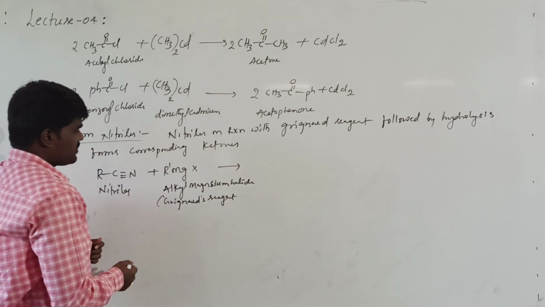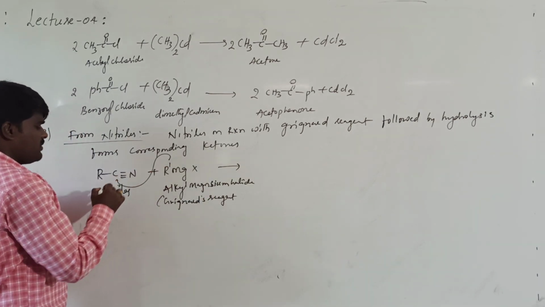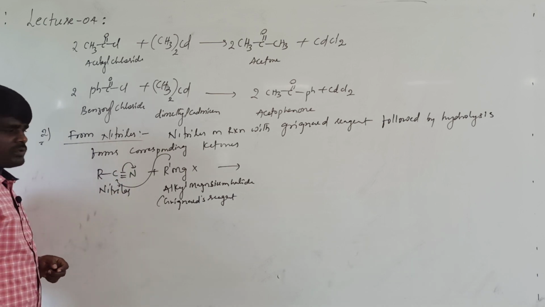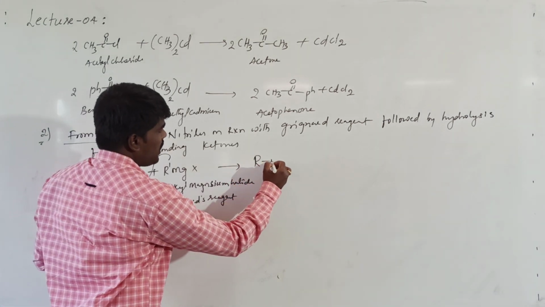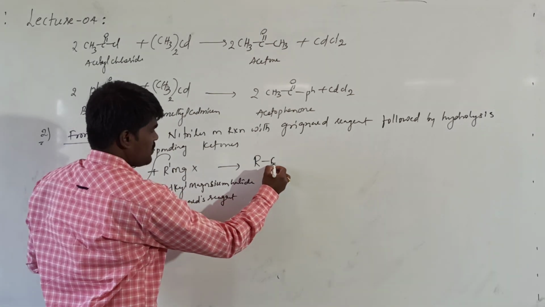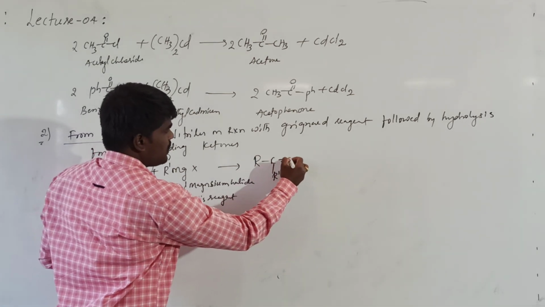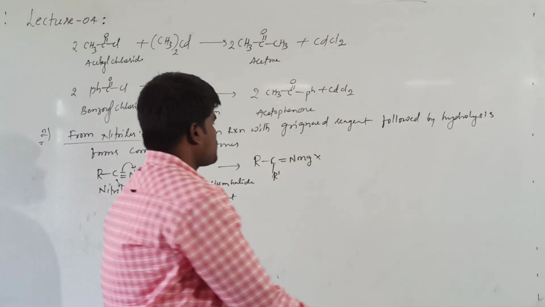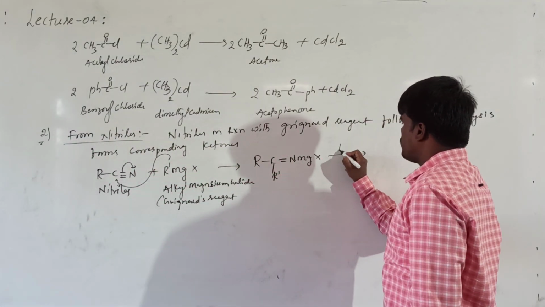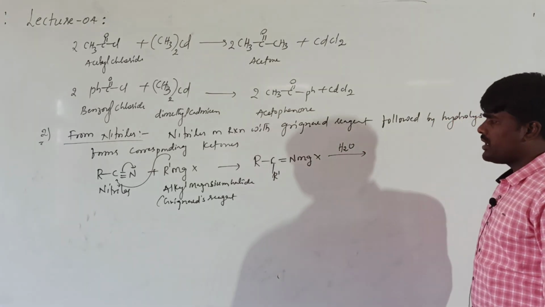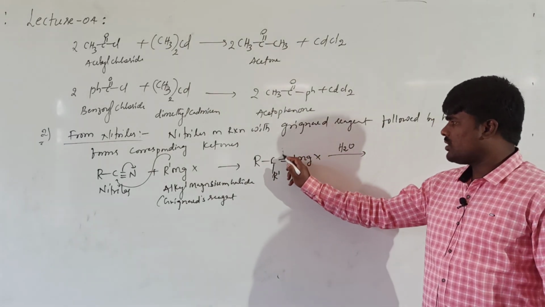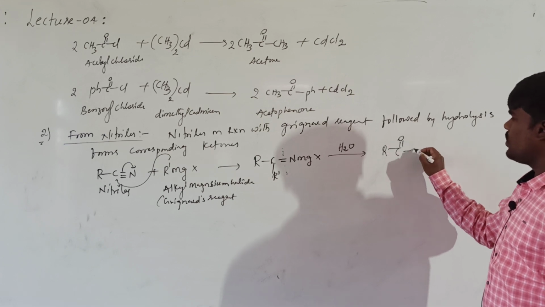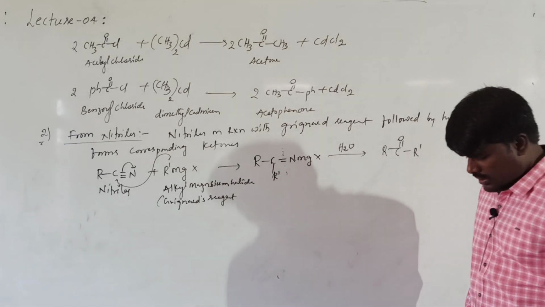It forms a complex. Here this R minus will be given to the carbon of cyanide, and this bond goes on to this. It will be converted into RC R dash and MgX it will form. Followed by hydrolysis, what happens? This bond will be broken, right? Here you will get RC double bond O R dash, right?